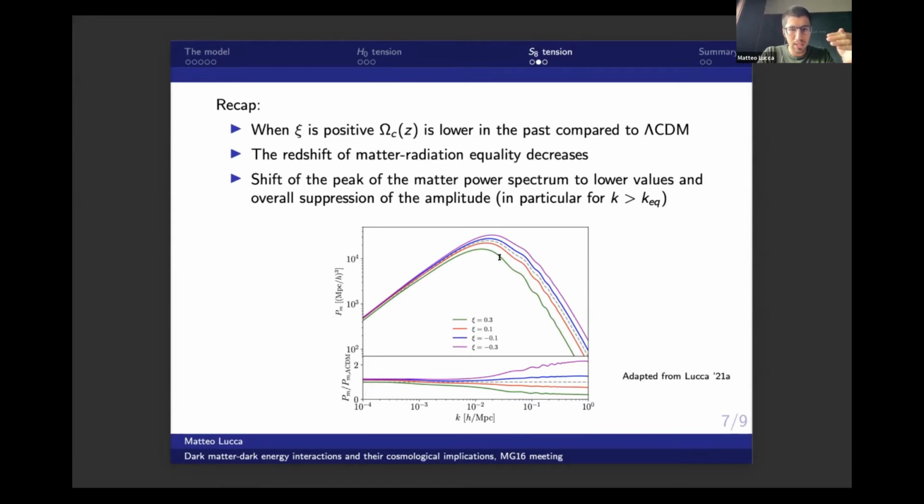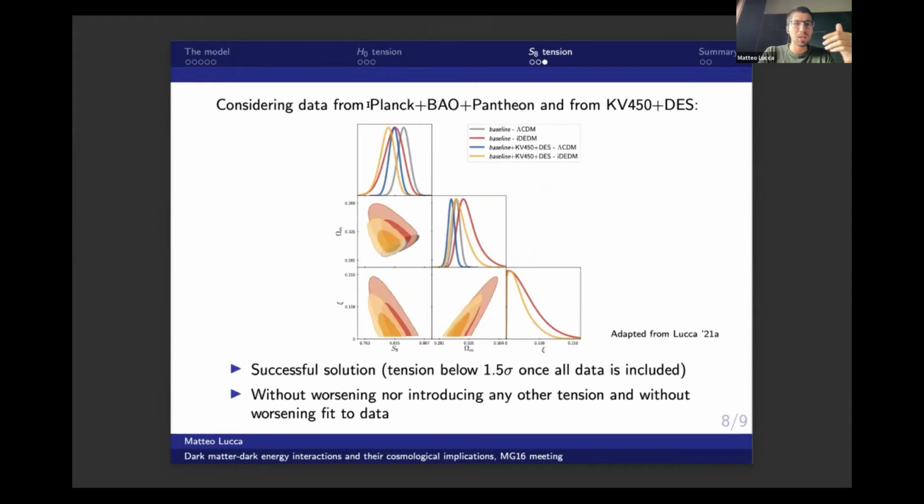And therefore you see that the amplitude, in particular at large scales, is very suppressed when xi is positive, and it is increased when xi is negative. So comparing this to data, even including Planck, BAO, and Pantheon, which to me is the baseline data set, you see in red that the model is indeed very much able to address the sigma 8 tension here.